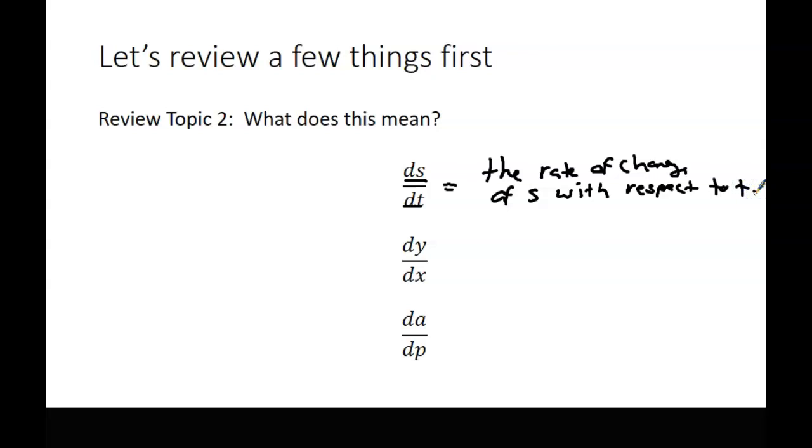In other words, we could say how fast s is changing as t is changing. That's what that means. Okay, the next one is the rate of change of y with respect to x. In other words, how fast is y changing as x is changing. Last one, rate of change of a with respect to p means how fast a is changing as p is changing. So that's something we'll want to be aware of today.